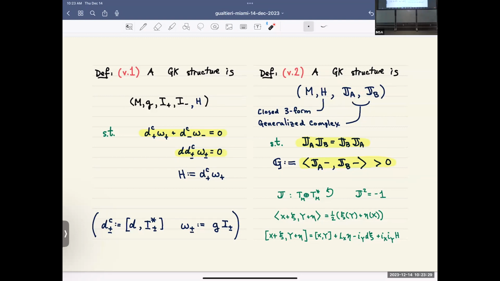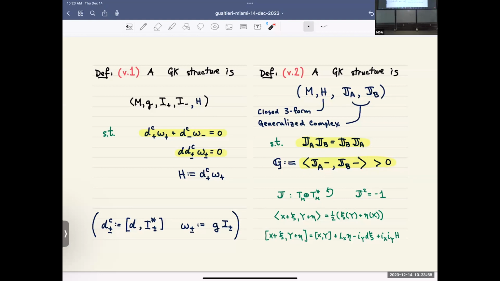The three form is like background geometry, just like in Jules' talk, where he was talking about how the manifold itself incorporates the three form, and the T-duality is operating at a topological level with respect to this three form. So it feeds into the integrability condition. Both of these are integrable with respect to this bracket. And the important thing is that they commute. They commute and they satisfy a positive definiteness condition.